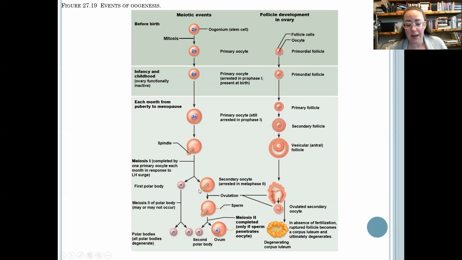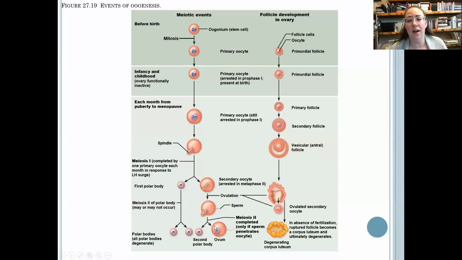But here, the secondary oocyte is going to start in meiosis 2. It's going to stall in metaphase 2, be ovulated, and should a sperm penetrate it and join in, should conception happen, it'll finally finish meiosis 2 and create this fully functional ovum, right? And that usually happens in the fallopian tube or the oviduct. And then you also have the second polar body.